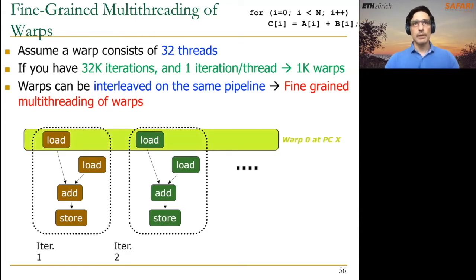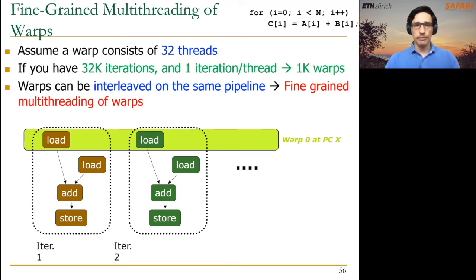So recall our first instruction was the load, different loads from array A in different iterations of the loop. We assign each of these iterations to a different thread, and then when these threads are executed on the hardware, they are grouped into a warp, and essentially this warp is representing one vector instruction that is stored at a certain PC in the instruction memory, right?